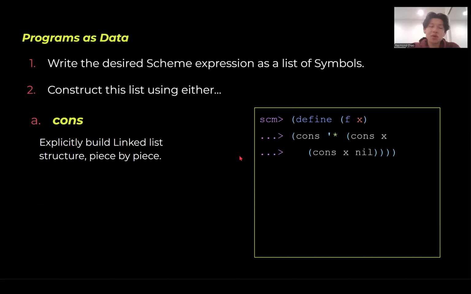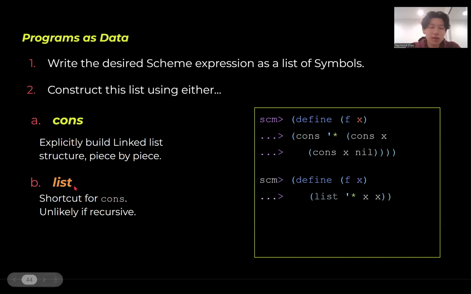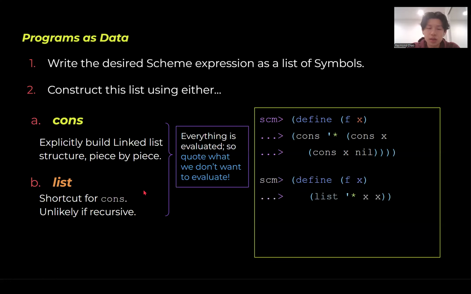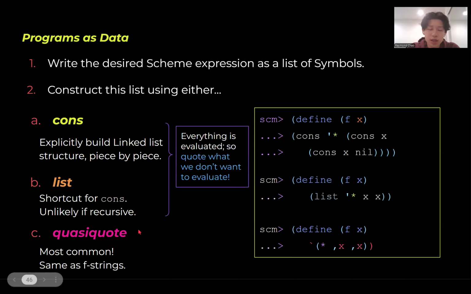In Scheme, we can build lists once again using cons, which is like the link constructor in Python. We have the list function, which is just like the list brackets in Python. And then we have quasiquote, which we can think of as f-strings. The quote followed by parentheses is a syntactic shortcut that instructs Scheme to make a list.